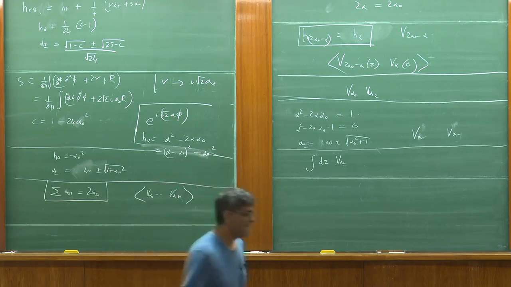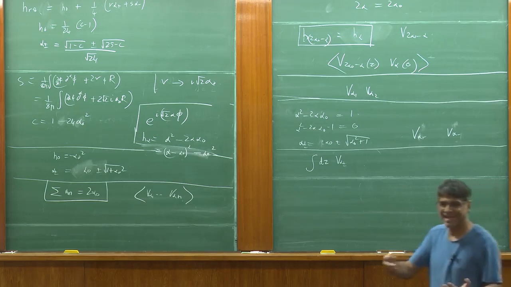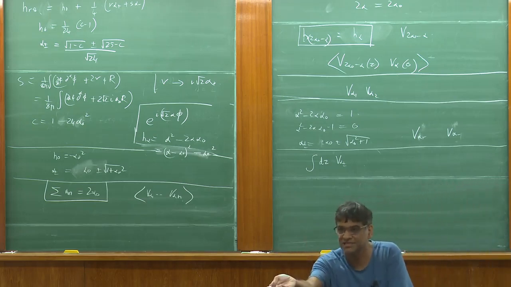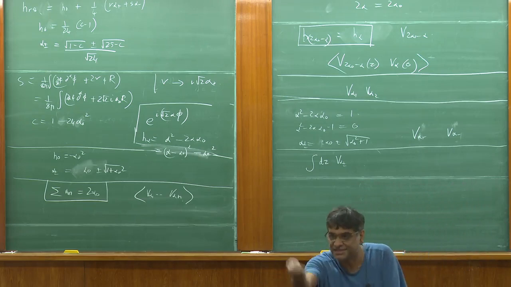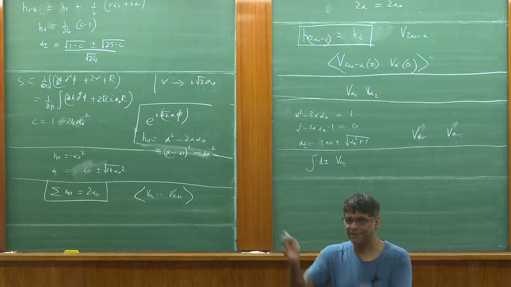I brought this up because usually the kind of conserved charges we deal with, let's say in the free boson, would be a conserved charge like del x. Oftentimes the conserved charges we deal with carry charge 0. They take a sector with a particular momentum and map it to the same momentum.